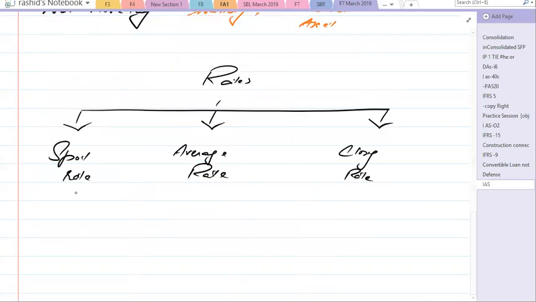Spot rate is simply the rate at transaction date, sometimes known as historical rate. Average rate is an average of rates. Even within a day there can be different rates, for example when you go to the Forex at different times you will see different rates, so the average of those rates.